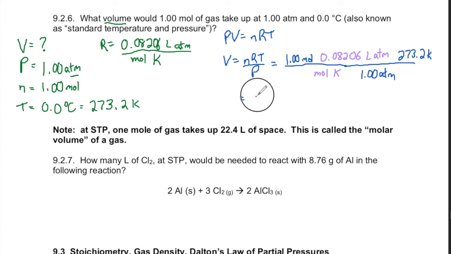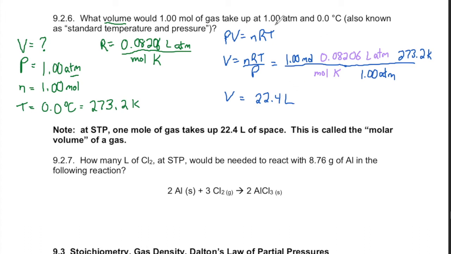And that comes out to be 22.4 liters. This is the approximate volume that 1 mole of gas would take up at 1 atmosphere and 0 degrees Celsius. So this is what a mole of gas is at standard temperature and pressure.